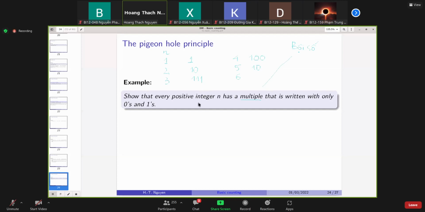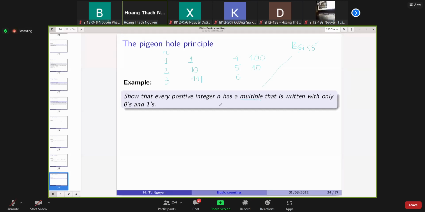So here, the hint for you is to use the pigeonhole principle. But we don't know what the pigeons and the holes are, because the problem doesn't look like the pigeonhole principle at all.